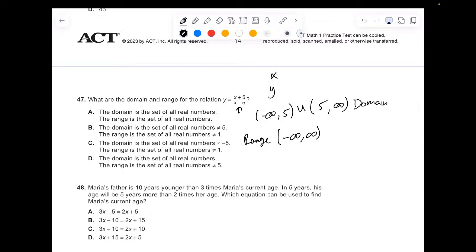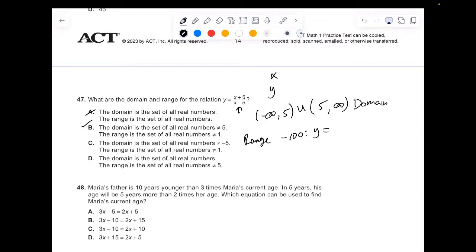If we plug in... Oh, wait. No, it's not. Let's plug in negative 100. Y is going to be equal to... Oh, actually, let's just cross out what we know first. The domain is set to all real numbers? No. The domain is set to all real numbers where it is not equal to 5.